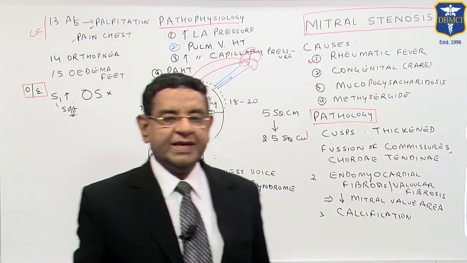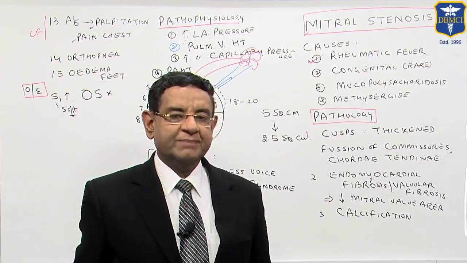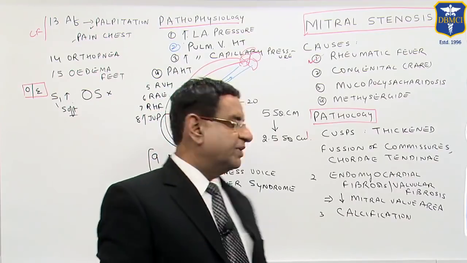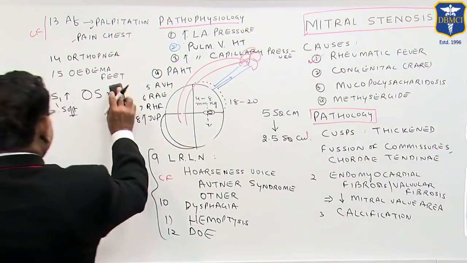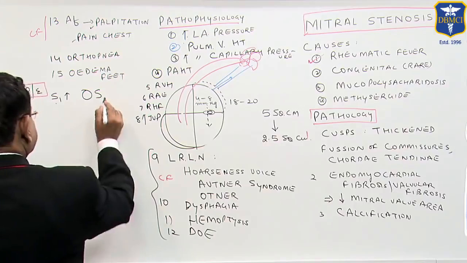So if in a case of MS you are getting a soft S1 and the opening snap is not there, it itself indicates the valve is calcified, which you can confirm on echocardiography. Right?